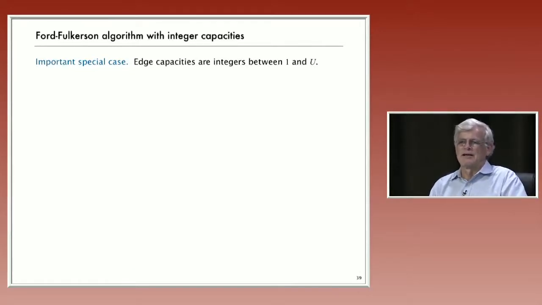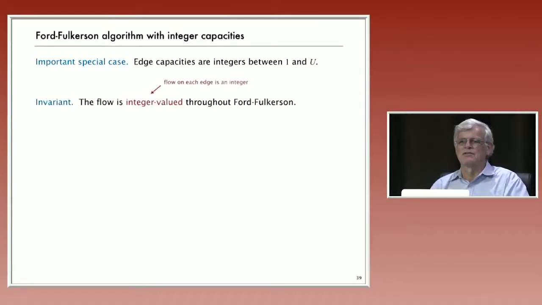Let's look at an important special case, and it's true in lots of applications, where the edge capacities are integers between 1 and some big maximum u. A lot of the things that we talk about work when edge capacities are real numbers, but let's just talk about this case.